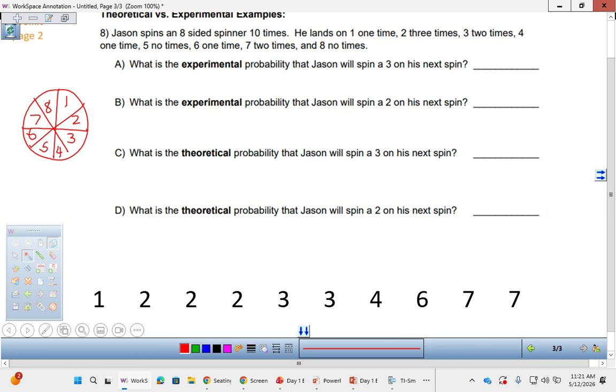So when it says experimental probability, look at Jason's data. When it says theoretical probability, look at the spinner. You see the difference?